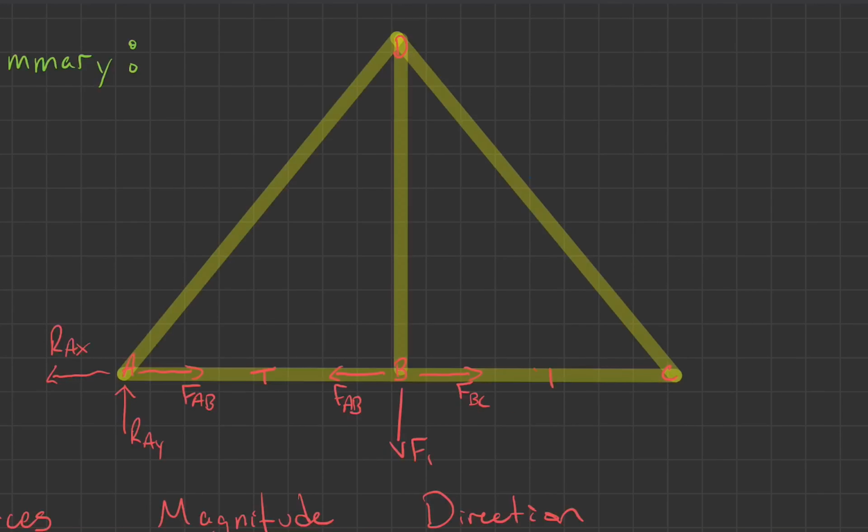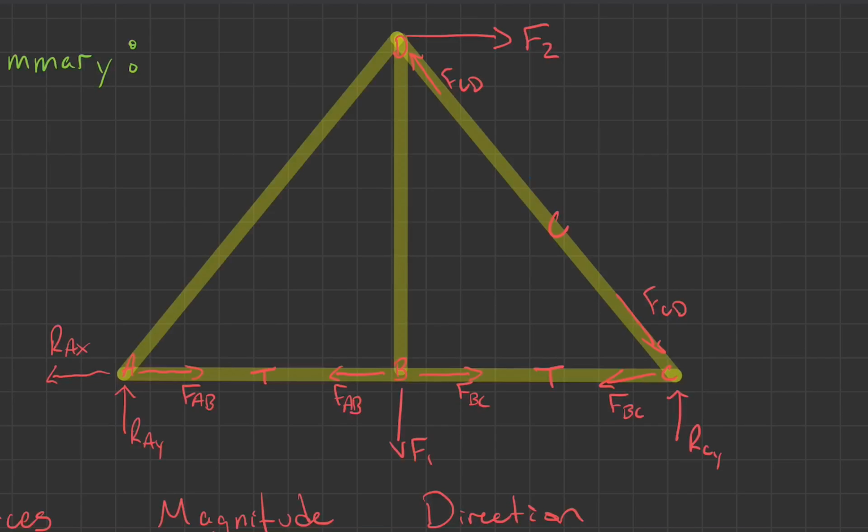This guy is also in tension. Force BC coming back. We had RC in the y direction here. And then we had force CD. This member is in compression. We had force CD up here also. We also had F2 going this way.